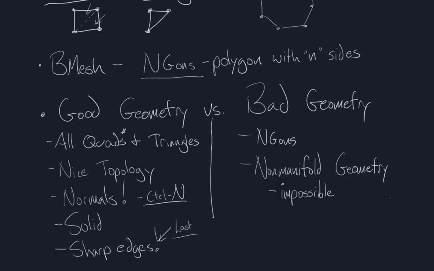Here's a for instance. If I have a character's arm, and here's their hand. Now, we know that the geometry that makes up their arm is really just a bunch of loops running this way, and then we have some edges running this way.